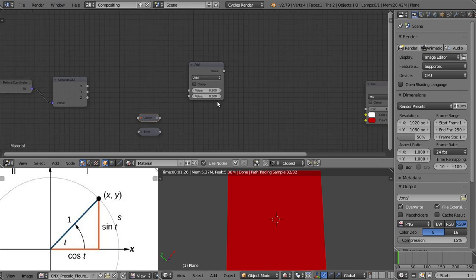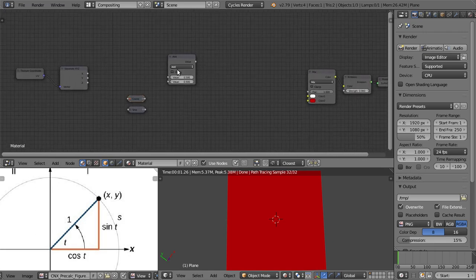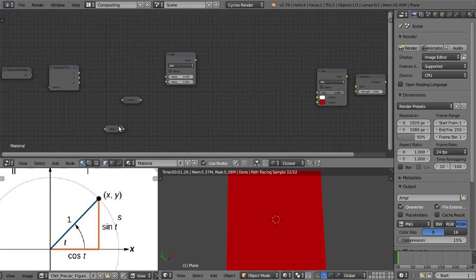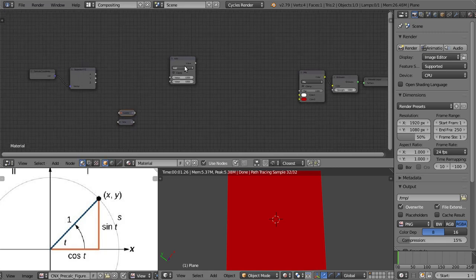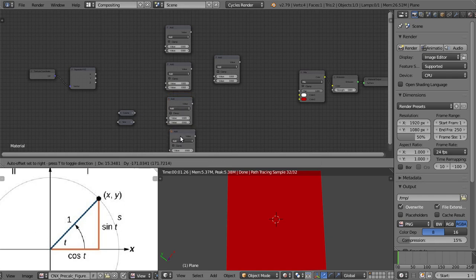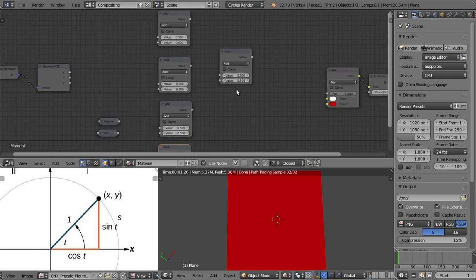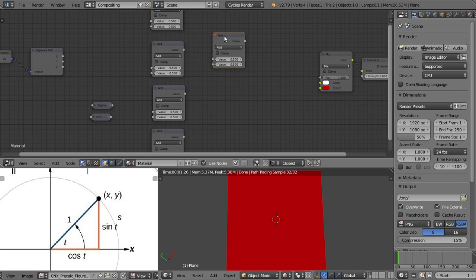So we have the sine and cosine, and then add, subtract.